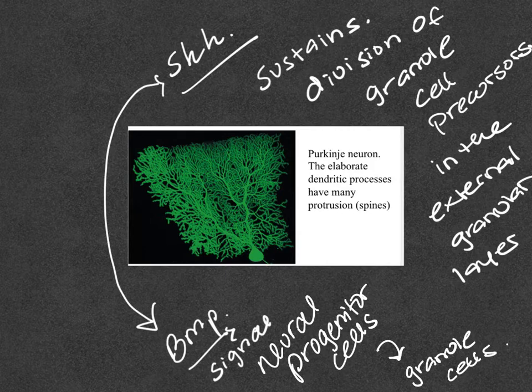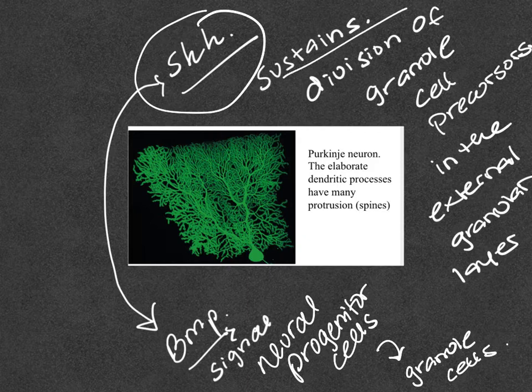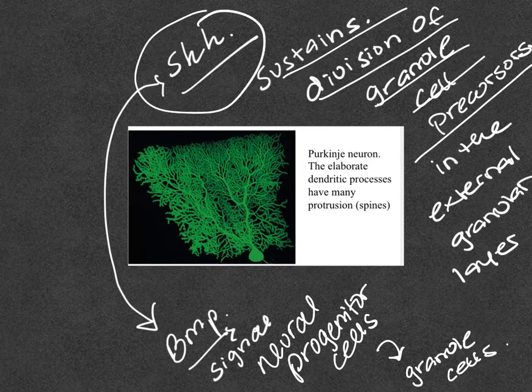Whereas Sonic Hedgehog sustains the division of granule cell precursors. So Sonic Hedgehog aids in the division of these neural progenitor cells.